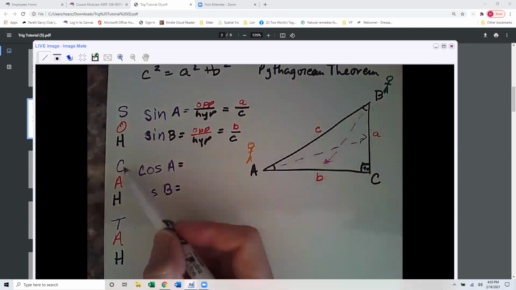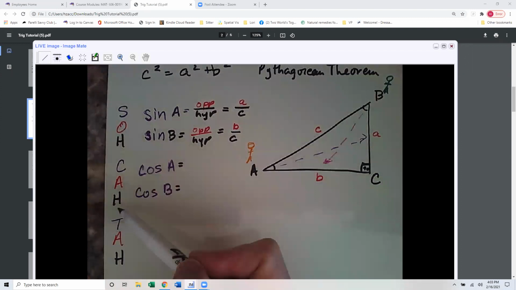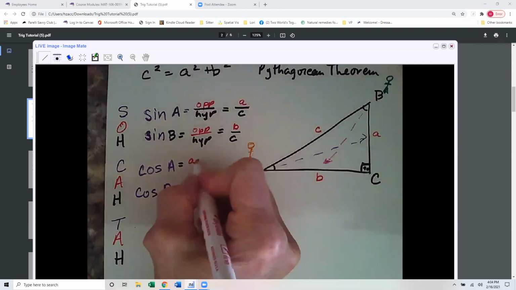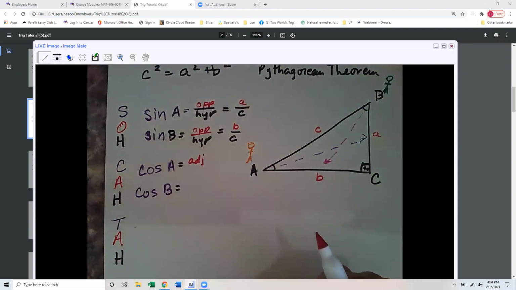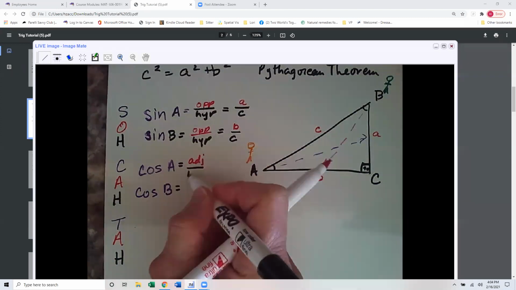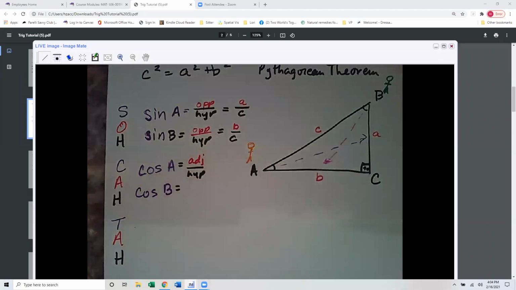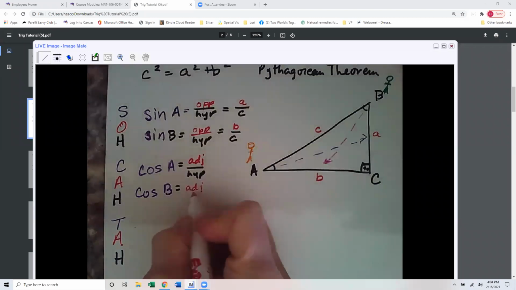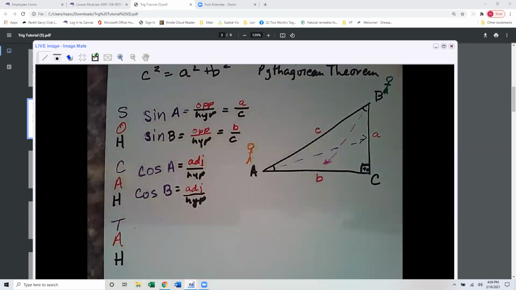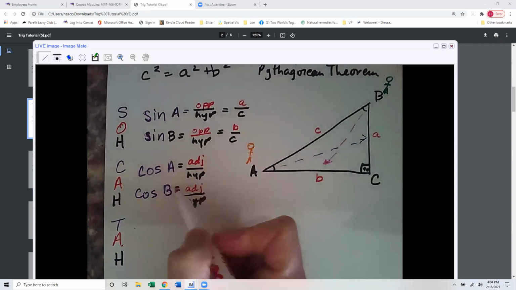The CAH part is A and H. The A stands for adjacent, which I'm going to abbreviate as ADJ. It's adjacent over H, which is the hypotenuse. The cosine of B is also adjacent over hypotenuse. However, like we saw with sine, adjacent is with respect to angle A or angle B.